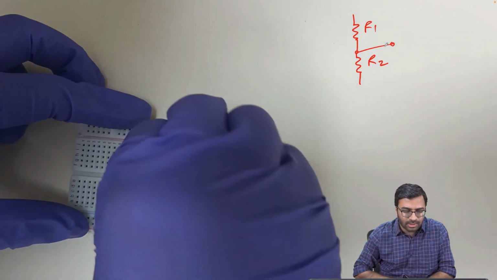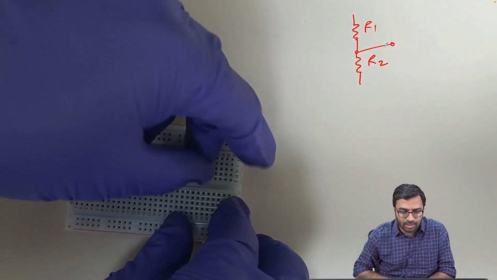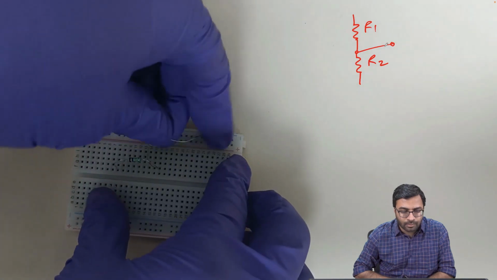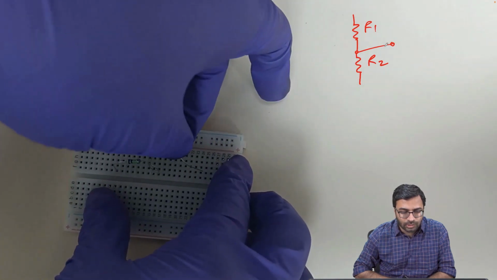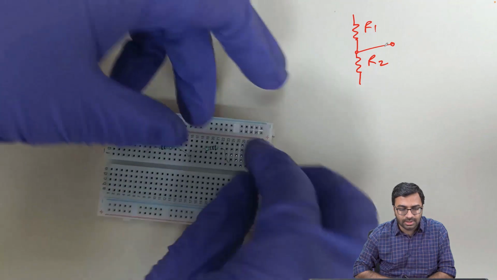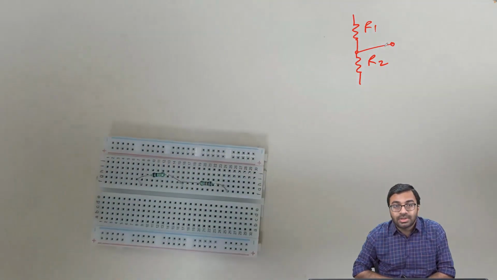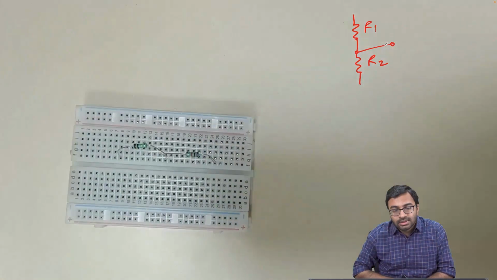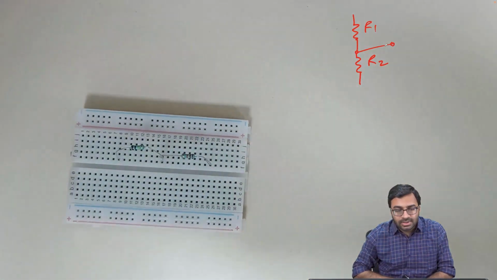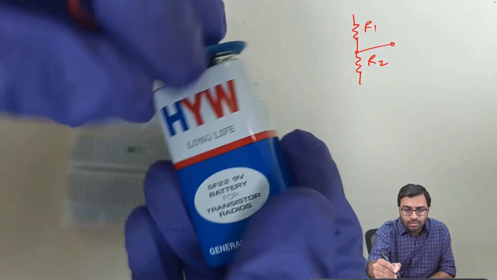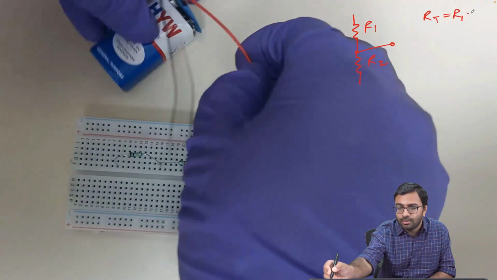So this is your second resistor, you are connecting in series. So you have one resistor already connected, now you are connecting the second one. Okay, so you can see that both the resistors are now connected in series. So once you have two resistors connected in series, then the total resistance RT is equal to R1 plus R2.